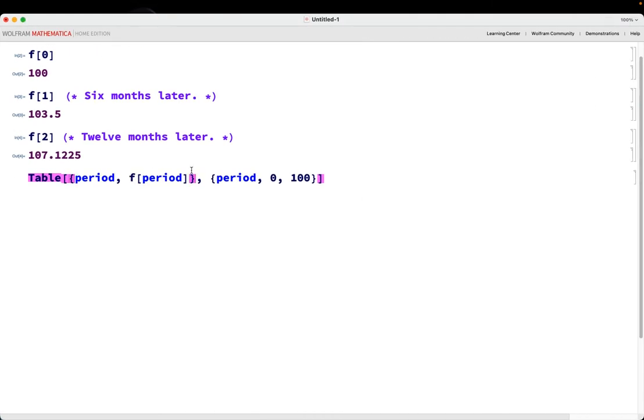It would be nice if we could round to 2 decimal places, right? So number form, infinity to, okay. Wait 1 moment. Here we go. There we go. All right.